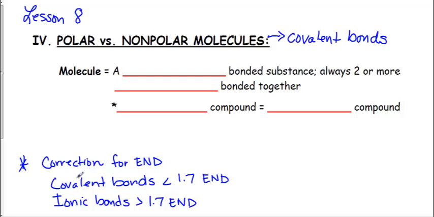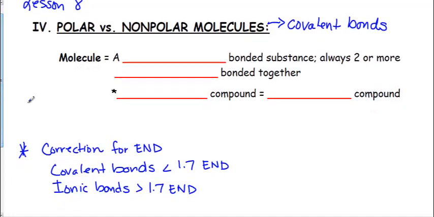Okay, and then what we're going to learn in this lesson is to determine the values for electronegativity differences in the bonds for polar and nonpolar. But also molecules can be either polar and nonpolar, and their bonds can also be nonpolar and polar as well. And we'll look at that.